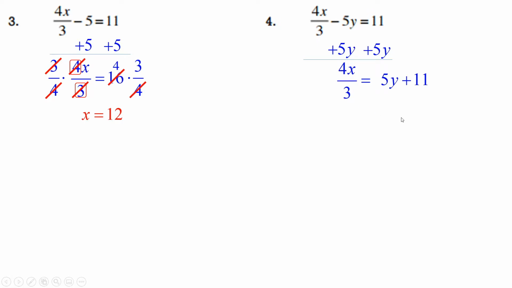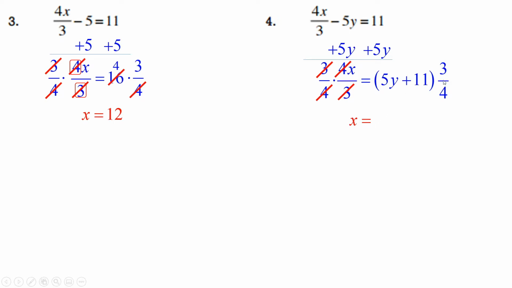So we're going to multiply by the reciprocal again, times 3 over 4 on both sides. And now remember, on the right we have 2 terms, so we need that in parentheses when we multiply by the 3/4. Equals. Now on the left we can cancel common factors. The 4's cancel and the 3's cancel, leaving x.